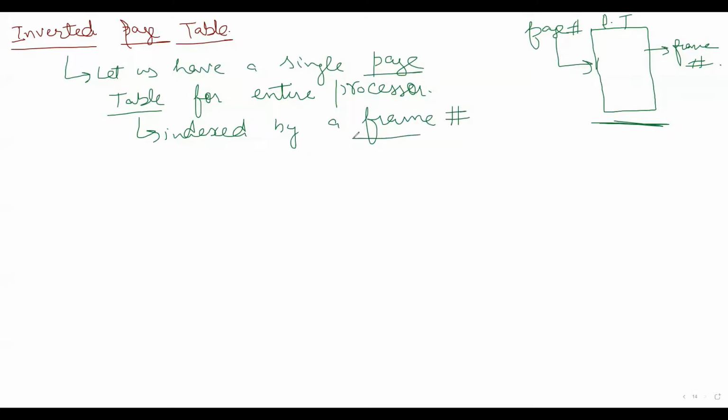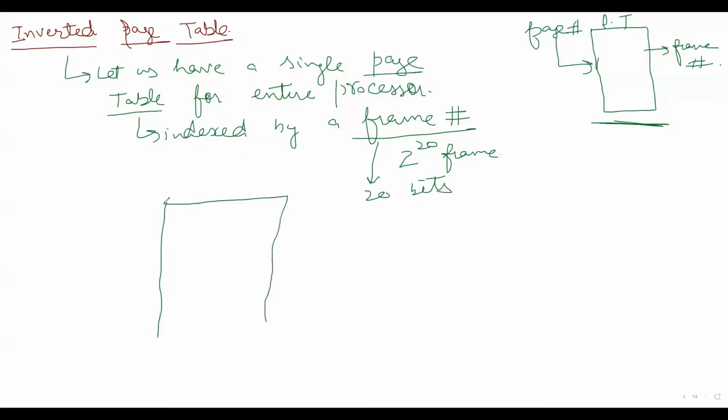Let's suppose there are 2 raised to the power 20 frames. That means the frame number will be 20 bits. So this will be our inverted page table, and it will be indexed by frame number.